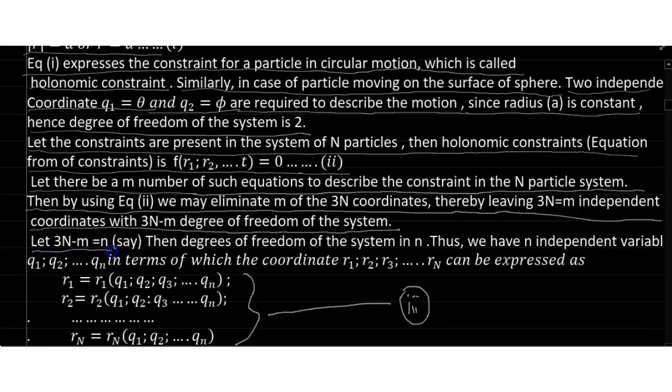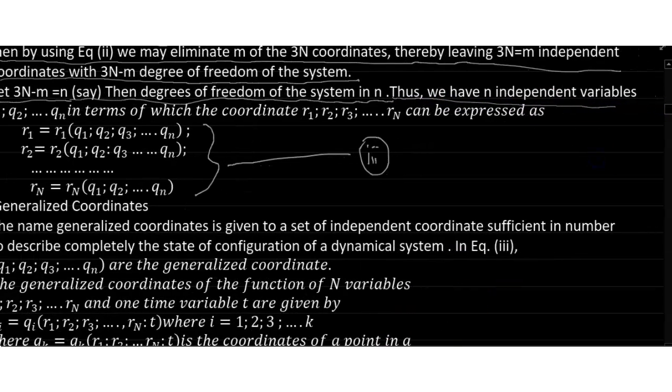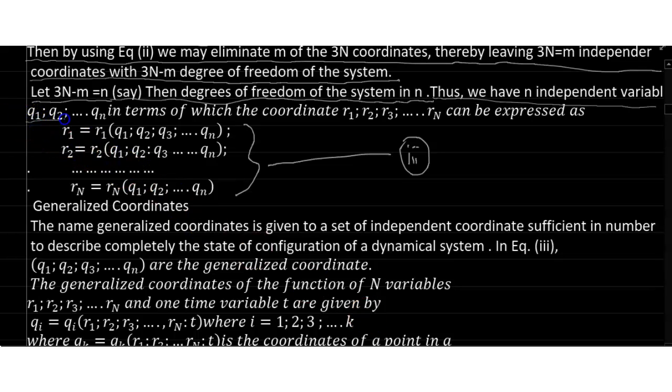Let 3n minus m be equal to n, then the degrees of freedom of the system is n. Thus, we have n independent variables q1, q2, ..., qn in terms of which the coordinates r1, r2, r3, ..., rn can be expressed as r1, r2, ..., rn in terms of q.